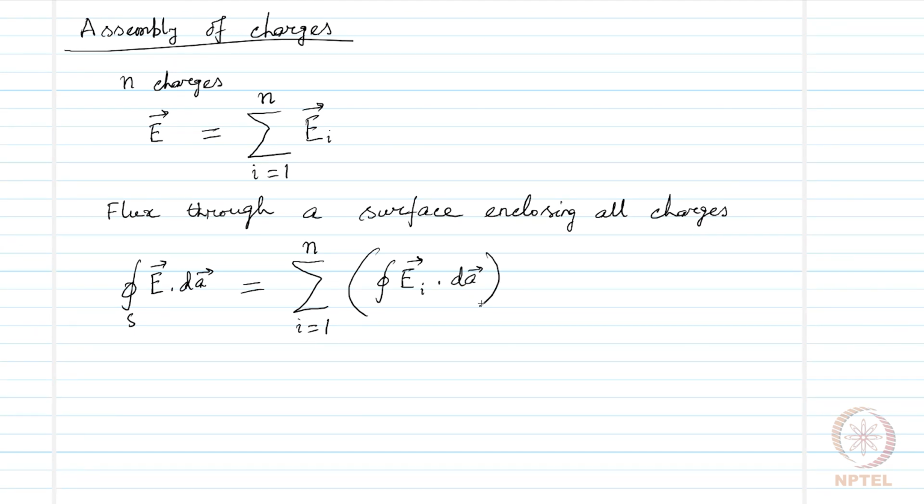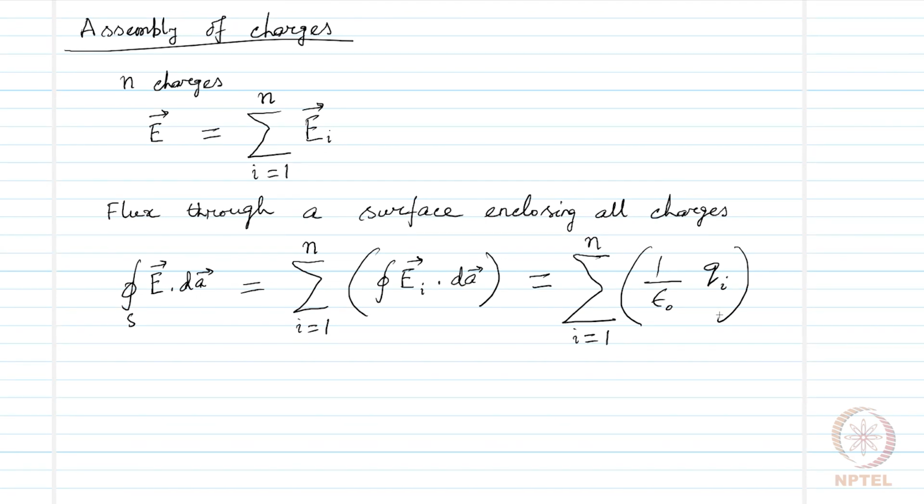This is just the principle of superposition, and that gives us, very similar to what we have done earlier, the sum over i equals 1 to n of 1 over epsilon naught q_i. That means the flux is proportional to the total charge enclosed by the surface if there are multiple charges, and nothing else. That is all.